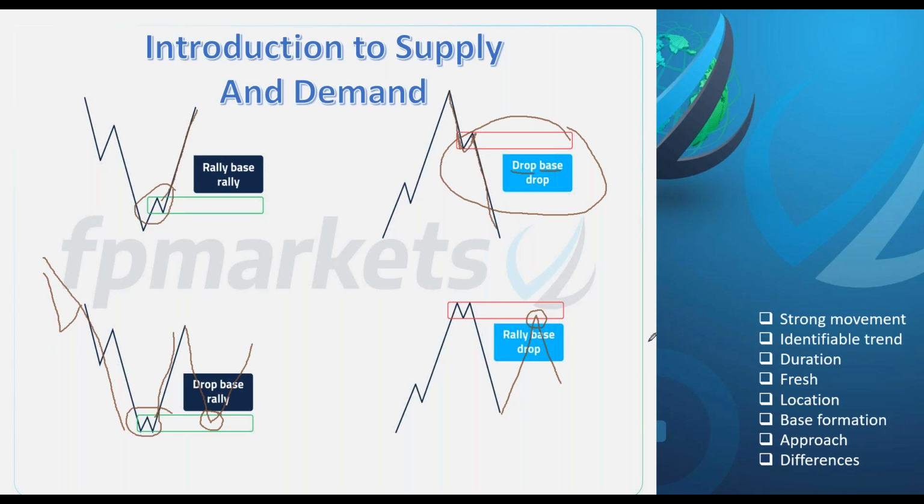A point to note is that both the drop base rally and rally base drop are often viewed as reversal zones, as I've already said. Now, this does not mean they have to form at trend reversals, although they do. They can form within the prevailing trend.